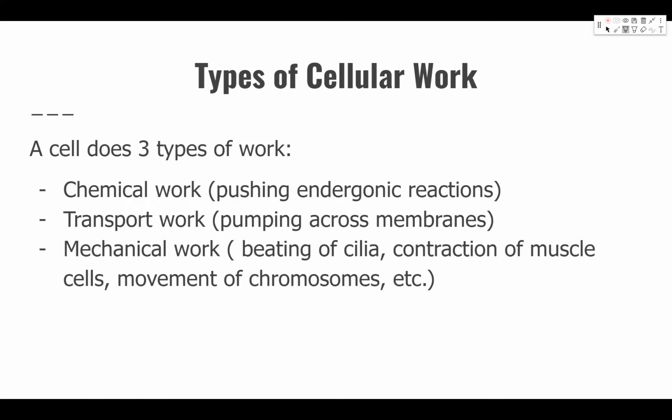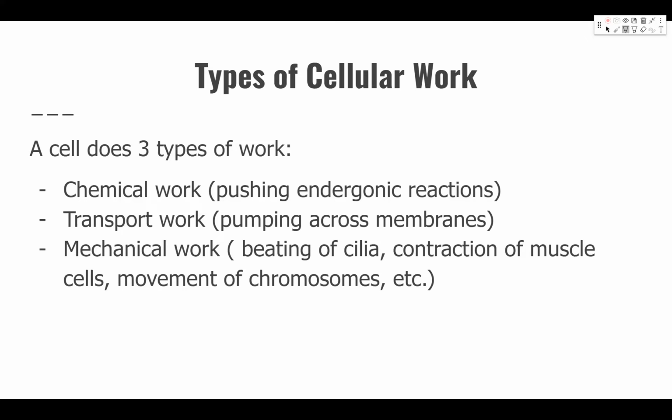There are a lot of endergonic reactions, a lot of anabolic reactions where we are building things up. Those chemical reactions take energy to get started. Those endergonic, those anabolic reactions need energy to get started. So we call that chemical work because we need energy to do that work.